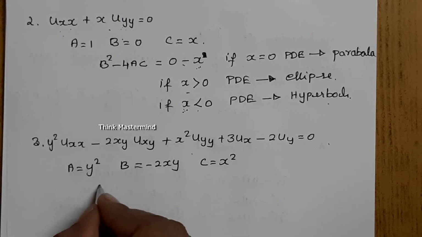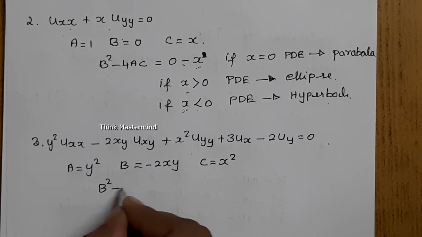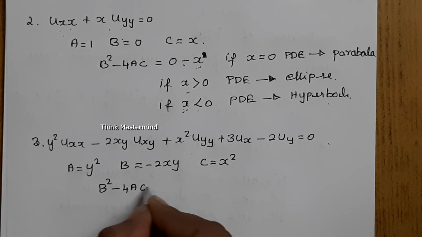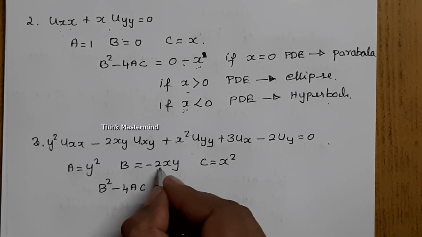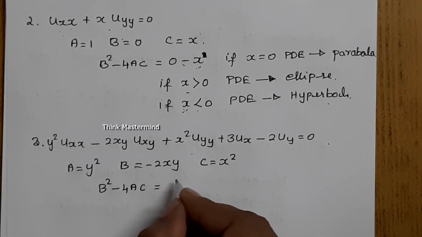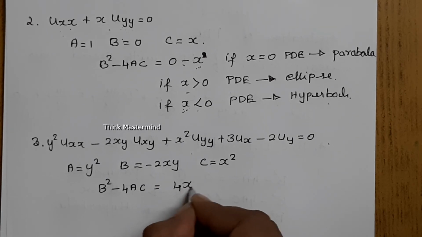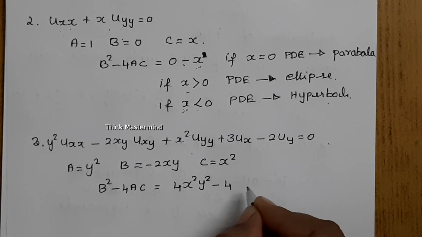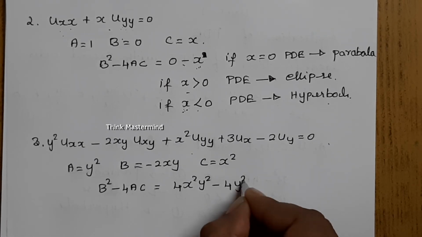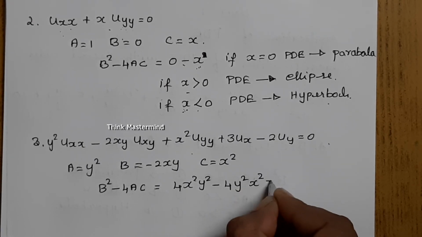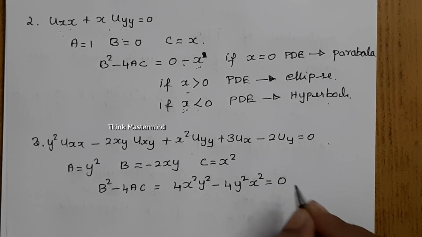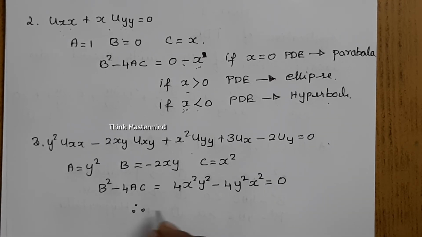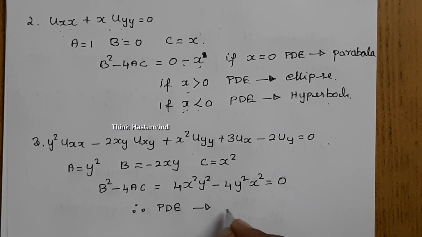Now we are going to find b² − 4ac. b² value is (−2xy)², that is 4x²y², minus 4 times ac, where a is y² and c is x², that is equal to 0. Therefore the given PDE represents a parabola.